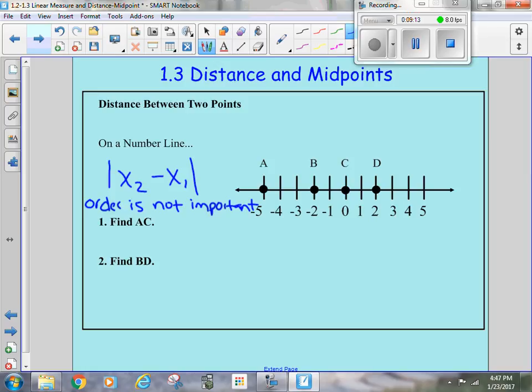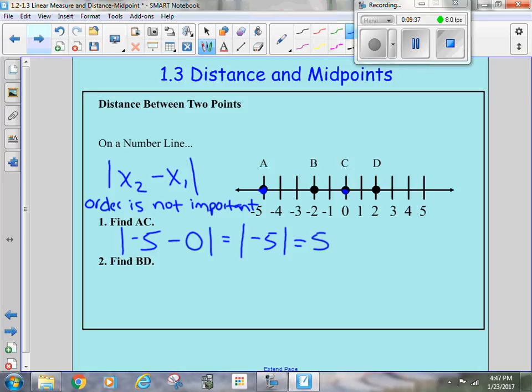Find the distance from point A to point C. Point A is at -5. Point C is at 0. So we get the absolute value of -5 minus 0 equals the absolute value of -5, which is just 5.